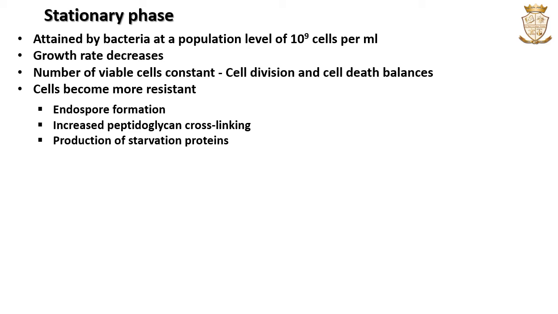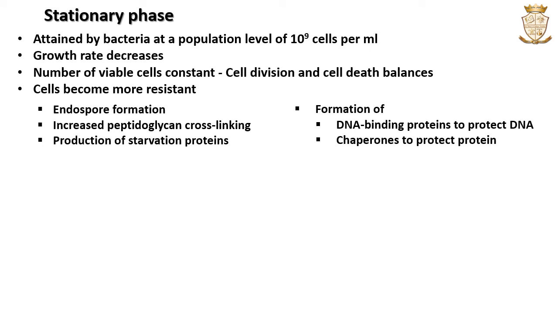There will be increased peptidoglycan cross-linking in their cell wall. Some bacteria produce starvation proteins, and DNA binding proteins will be formed which will protect the DNA. To protect proteins from the adverse conditions during the stationary phase, certain molecules such as chaperones will be produced.